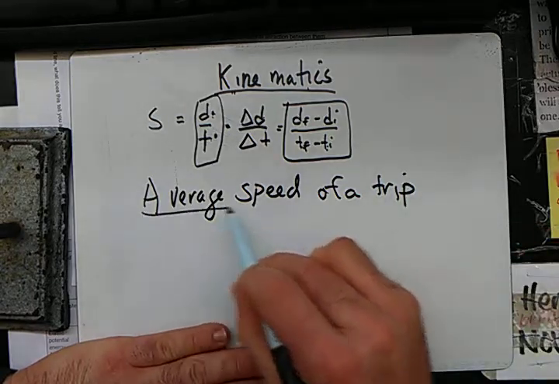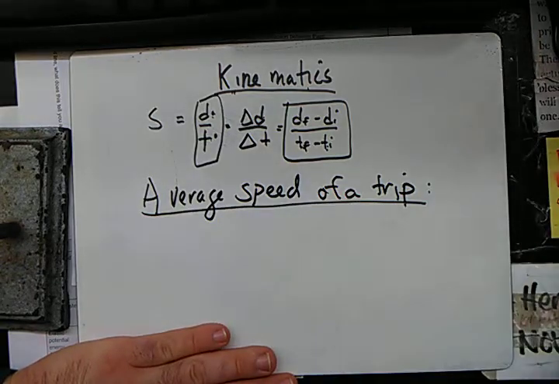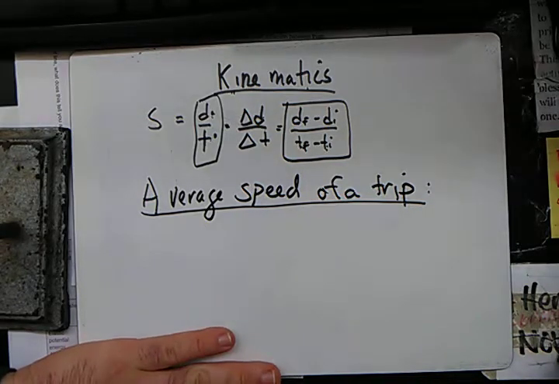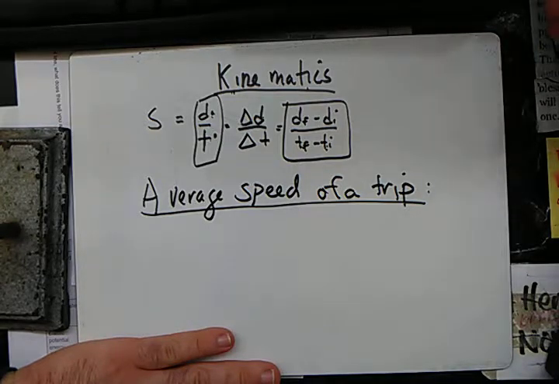I'll probably tell you a story in class about how, when I bought my first new car, it had this cool feature on it, which all cars have now, but it tells you what your average speed is throughout an entire trip. So I visited a friend in Tennessee, and my average speed was about 32 miles an hour.